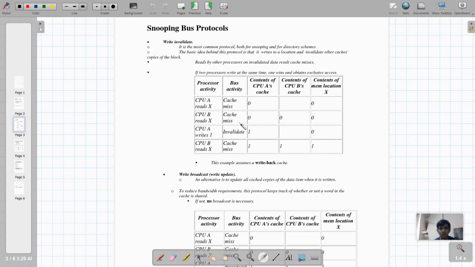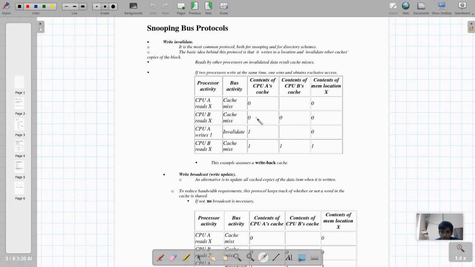The situation follows like CPU B makes a request for the same memory item. Again, there will be a cache miss and the contents of memory location X will be brought into CPU B. So now into your centralized shared memory location X, you have 0.